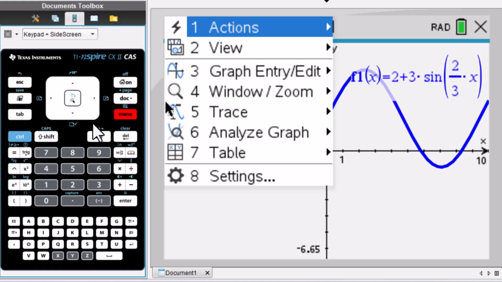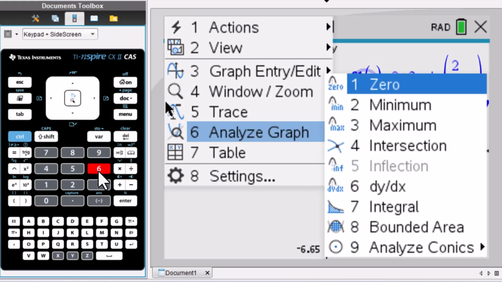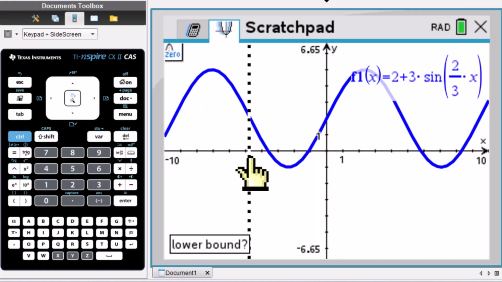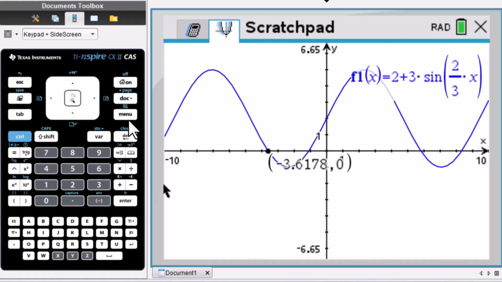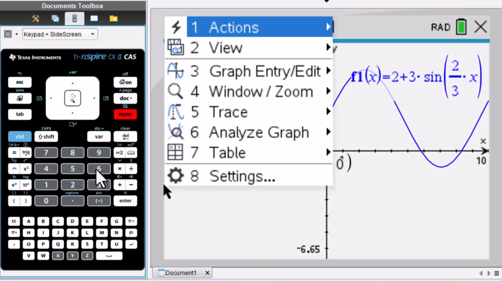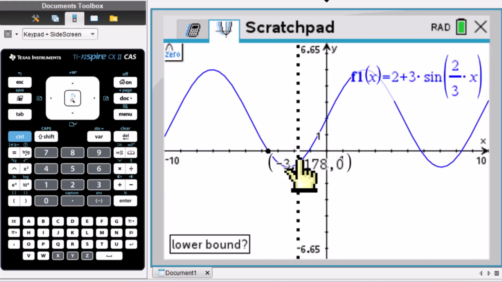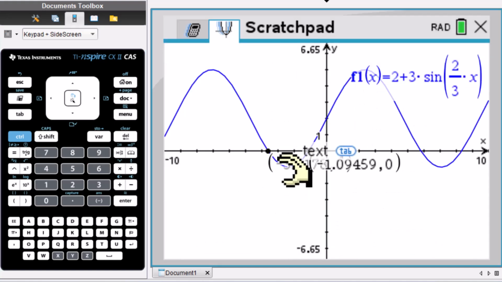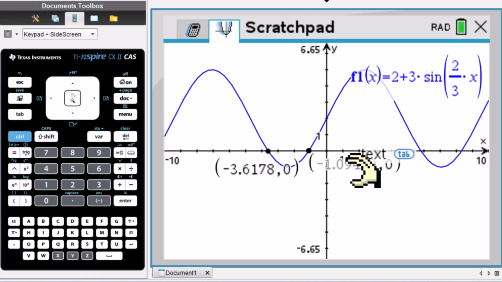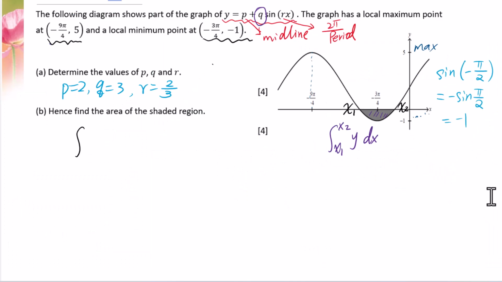Go to menu, 6, 0. So we got two solutions. For this x1, x2, do not change them into 3 sig figs because they are not the final answer.